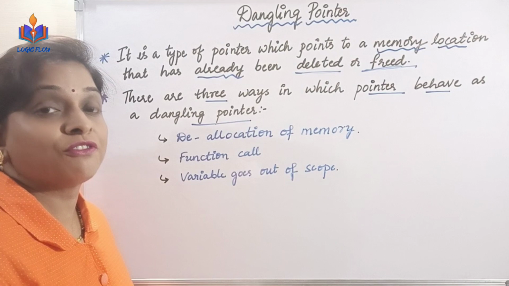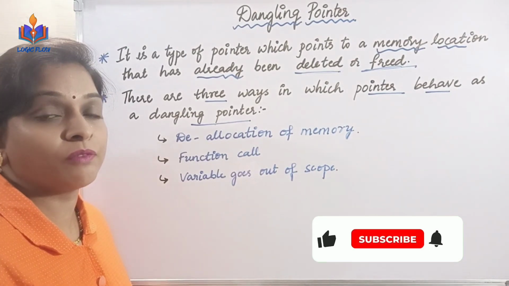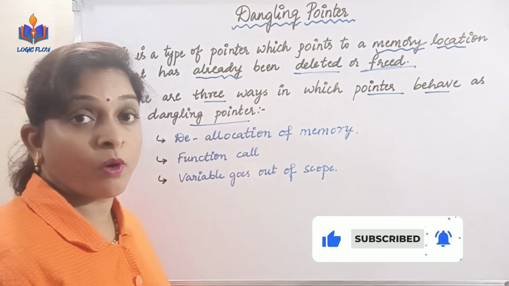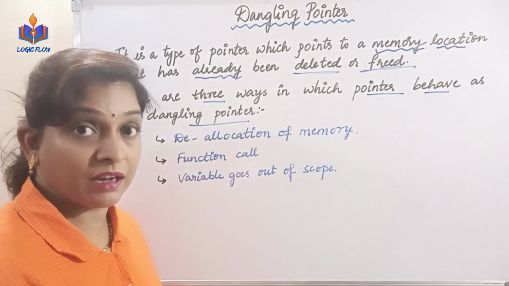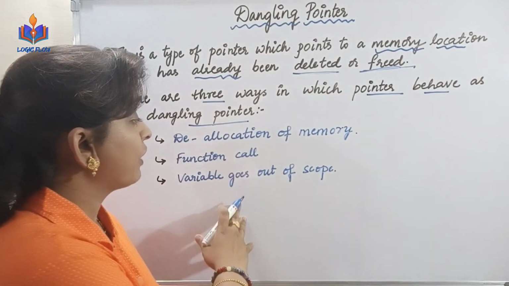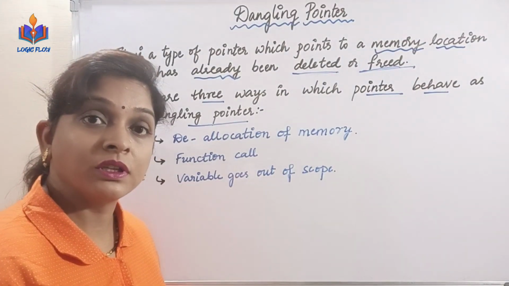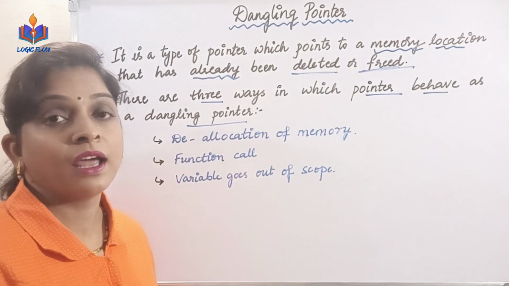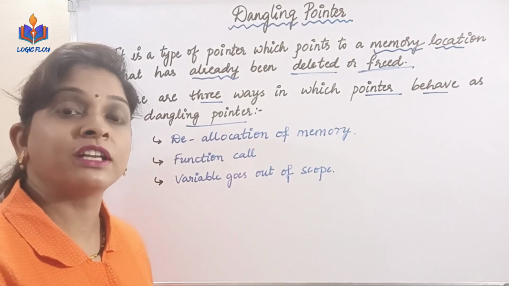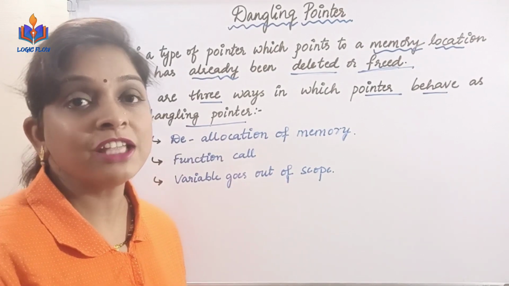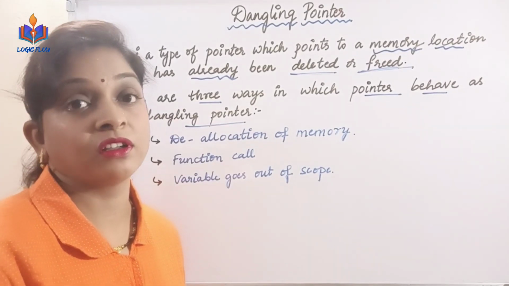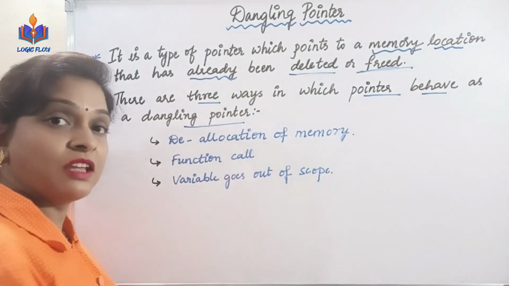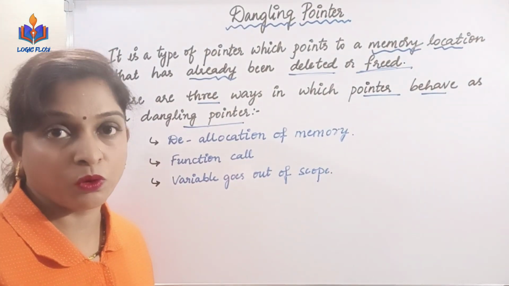In function call, if we try to return some pointer value and we don't get any address to point to, then again the pointer behaves as a dangling pointer. Then, variable goes out of scope. We will be trying to access some address through some pointer, and if that pointer is pointing to some garbage location, then again that pointer acts as a dangling pointer. Let us understand all these three ways with small program code.